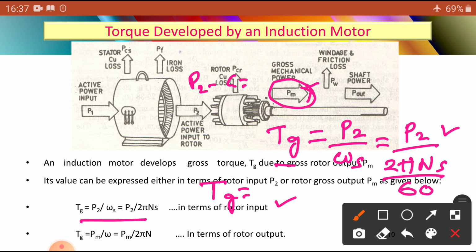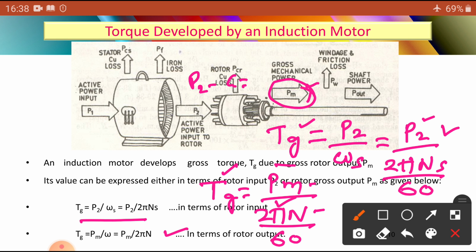So I want to express Tg in terms of PM, which can be written as PM by 2 pi N, only N, because the rotor speed is in terms of mechanical speed, by 60. So this is the gross torque in terms of rotor output, and this is the gross torque in terms of rotor input. Okay, so this is the first equation and the second equation.